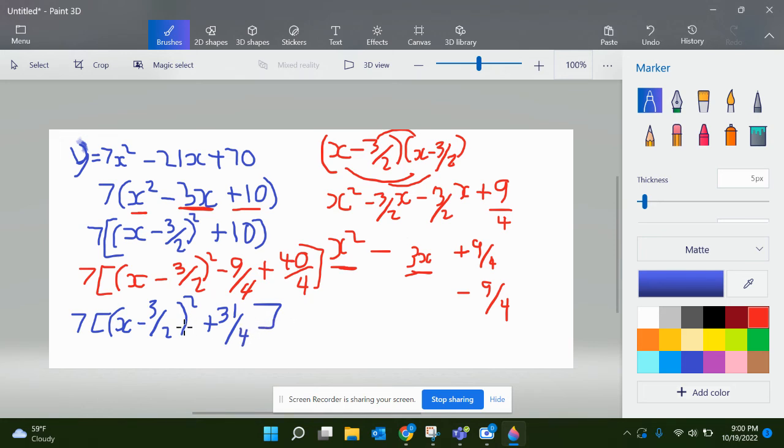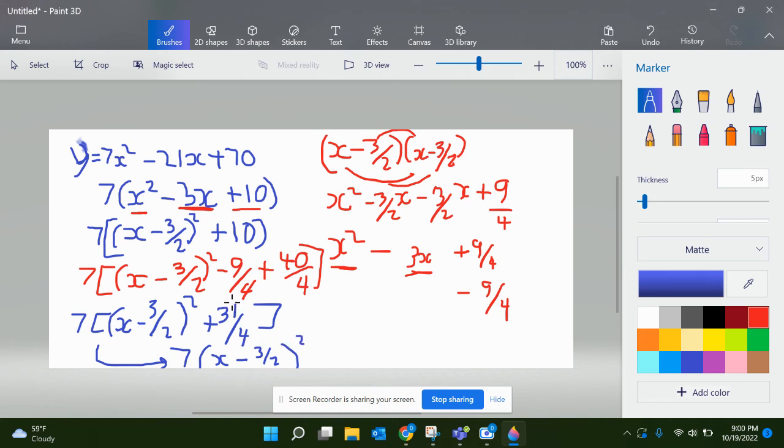Okay. So we're almost there, guys, except for this 7. We actually need to pull this thing out because it's still not in vertex form. So what we're going to do is we're going to use this 7 and apply it to the 31 over 4. Okay. So final answer, what you're going to get, okay, is 7 bracket x minus 3 over 2 square that up.